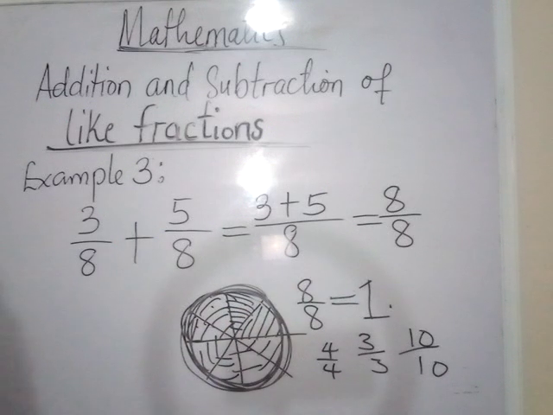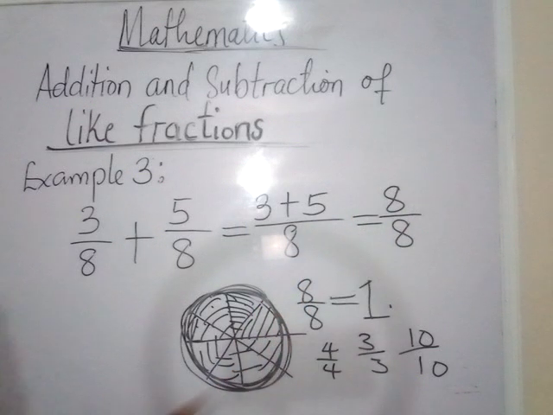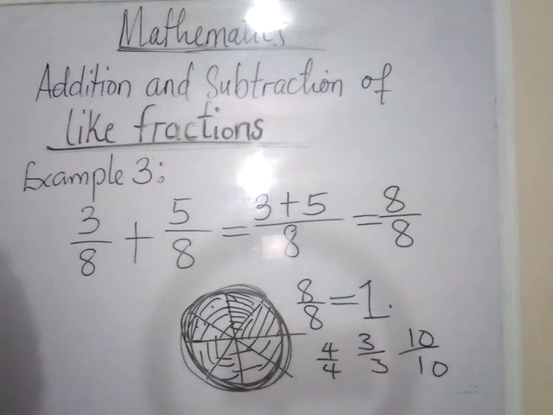When you do your addition and you meet something like this, it's simply 1. Now I'm not going to introduce you yet to adding and getting a bigger number at the top than what you have at the bottom. As you go further in your learning, you're going to encounter such.